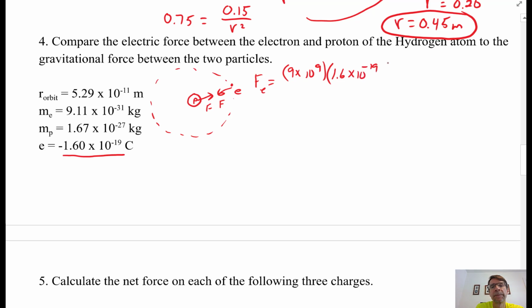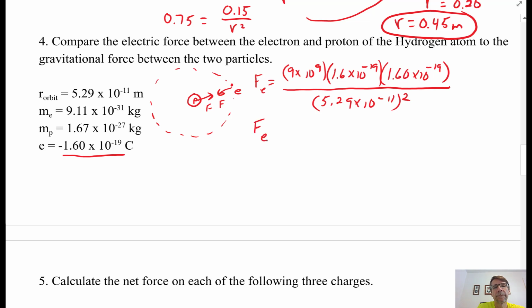I can just square that, because the electron and proton both have that same charge, divided by that distance of orbit, which is 5.29 times 10 to the negative 11th squared. I'm going to do that math for the electrical force, and I'm going to do the math for the gravitational force, so you might want to pause this after I write this all down.